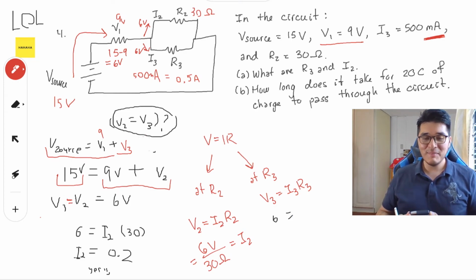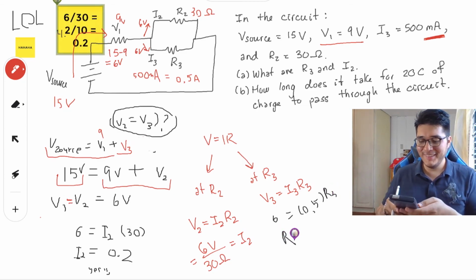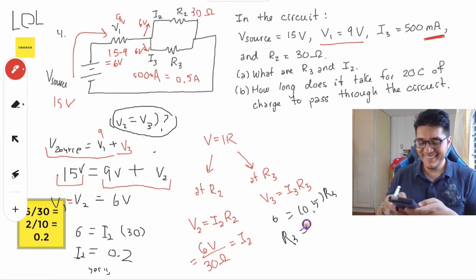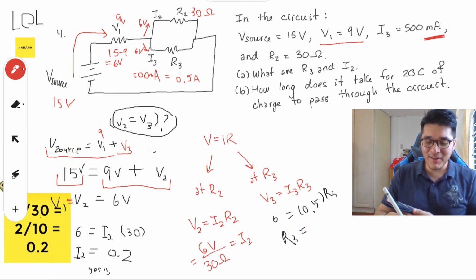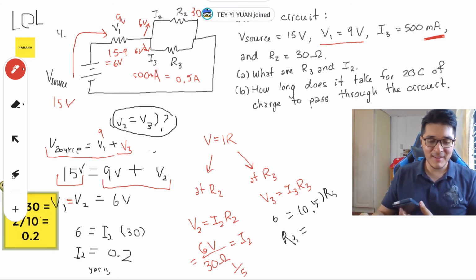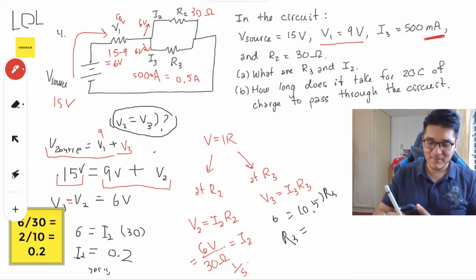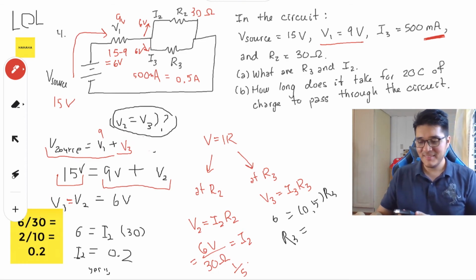Just put in your calculator 6 over 30. Oh, 2 over 10. Not even 2 over 10. It's 1 over 5. The joke's on you, I did say 1 over 5. Chow got it wrong too. Yeah, it's 1 over 5.